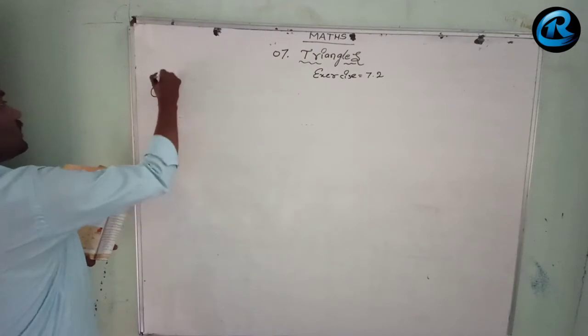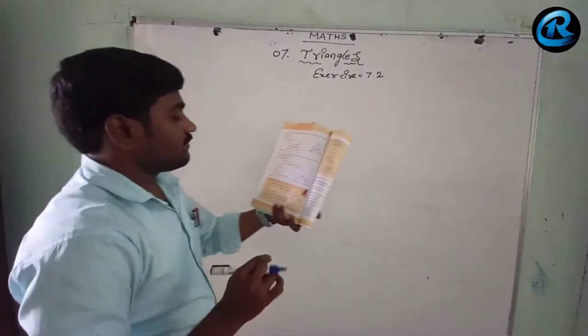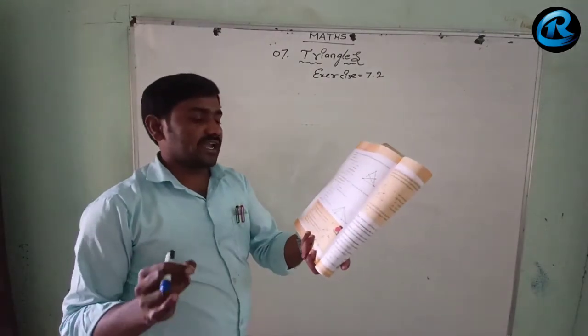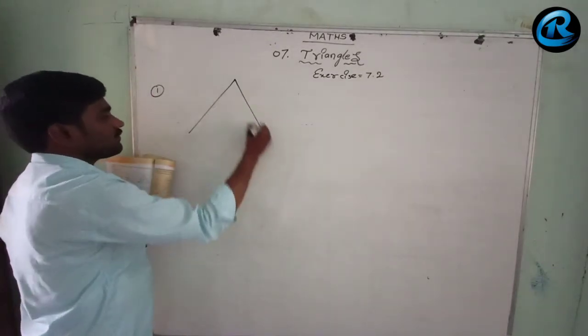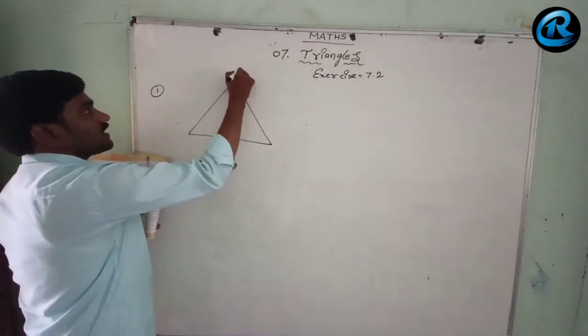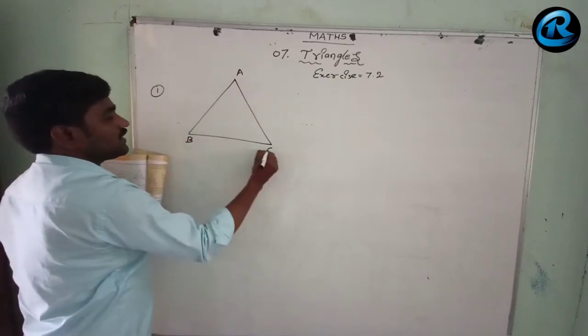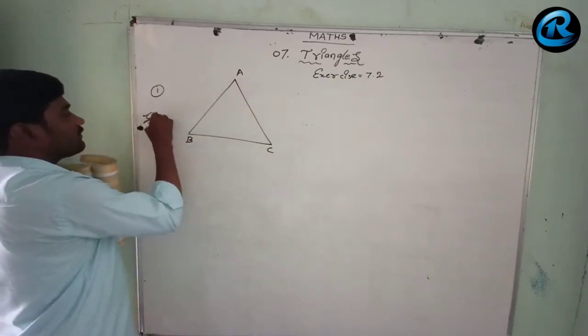The question number 1. In isosceles triangle ABC, here ABC is an isosceles triangle. This is A, B, C. Let us write the given.